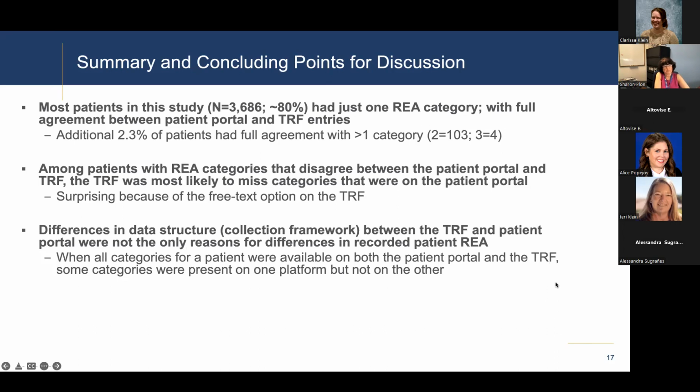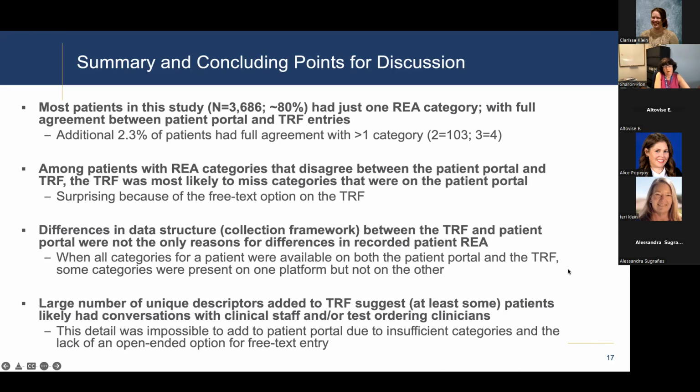So differences in the data structure, or this data collection framework, between the TRF and the patient portal were not the only reasons for differences in the patient REA that was recorded. And we can tell that because we looked at that apples to apples comparison: when the categories were available on both the patient portal and the TRF, some were present on one platform but not on the other.